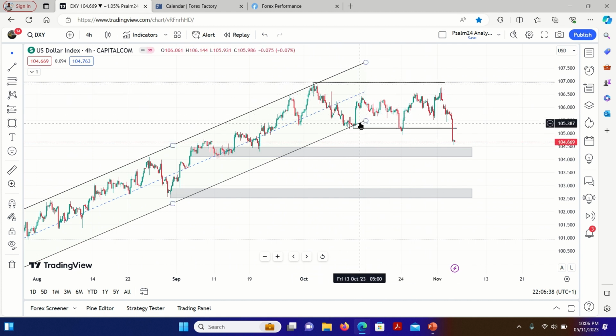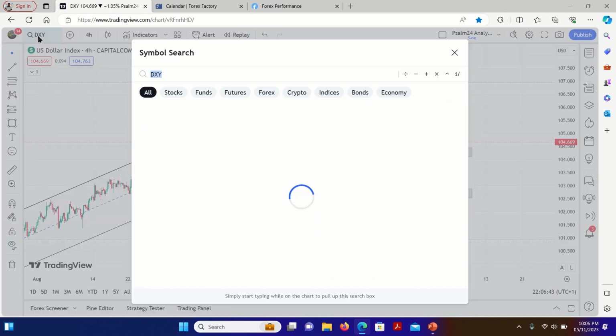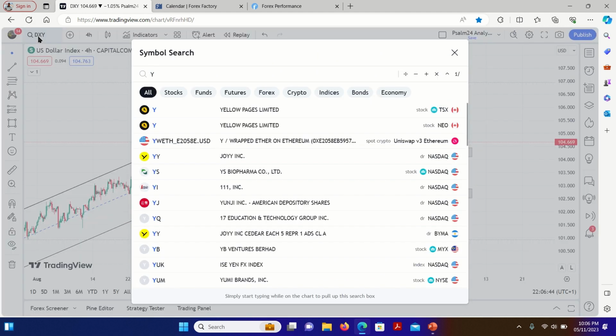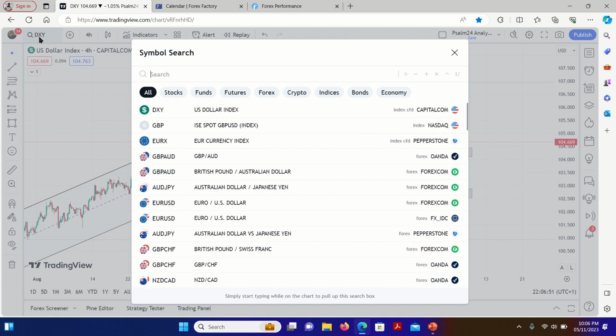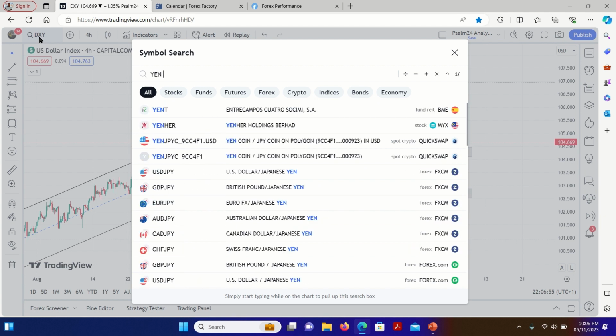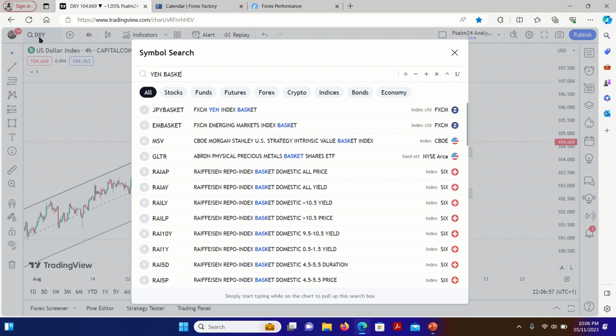If the US dollar is going to appreciate in value, you can use this to determine how the dollar is going to perform. There are other indexes like the yen basket. Yen basket is also an index that you can use to determine the index of the Japanese yen. So you can type it, yen basket.